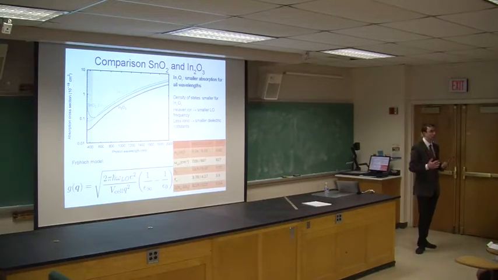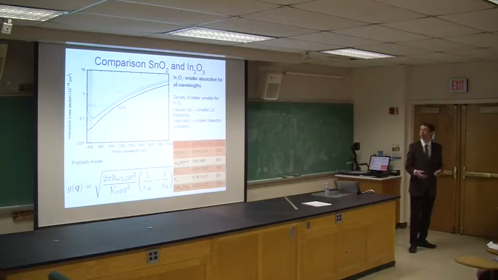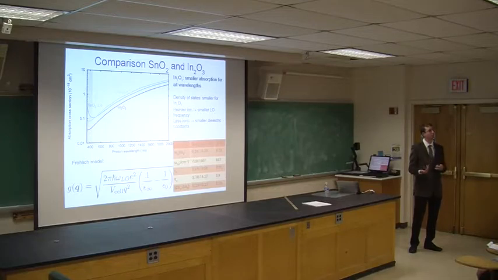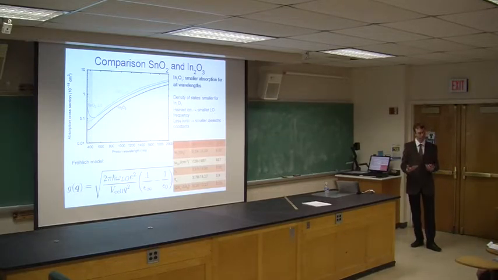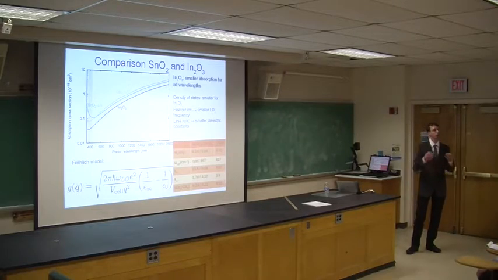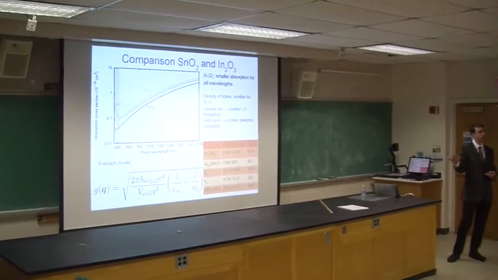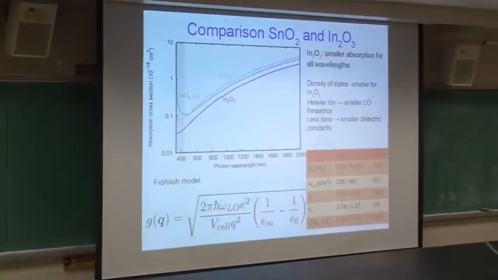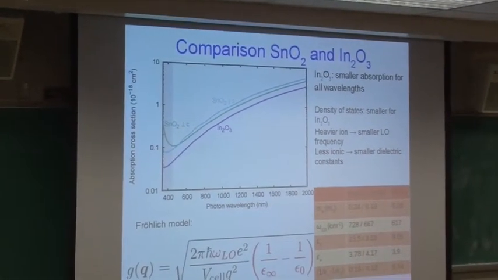And this occurs for several reasons. First of all, indium oxide actually has a smaller effective mass than tin oxide, which causes the density of states of the conduction band to be much smaller. And because your absorption coefficient is directly proportional to your density of states, this lowers your overall absorption.